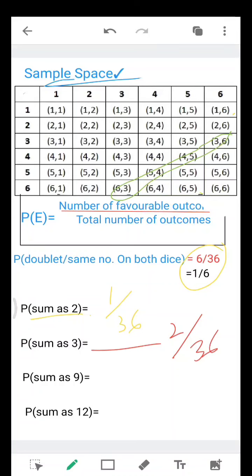They'll mostly be diagonal. So these are the 4 outcomes which will give you the sum as 9. So the probability of getting the sum as 9 is 4 by 36. That will be 1 by 9.